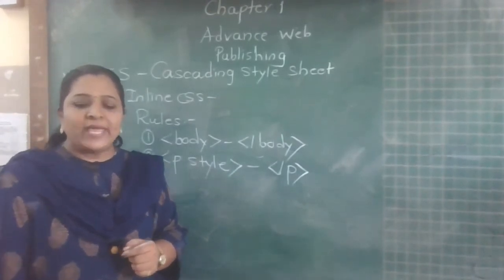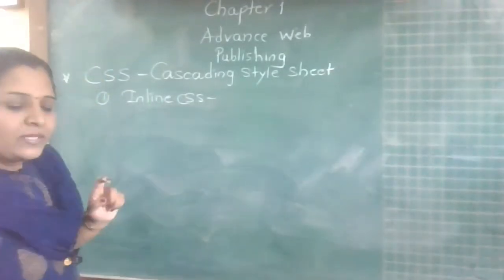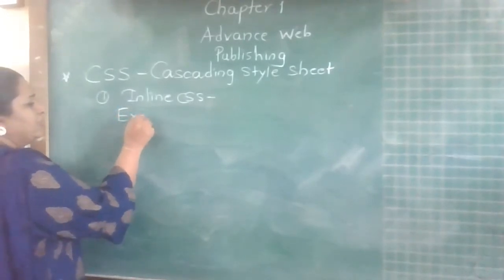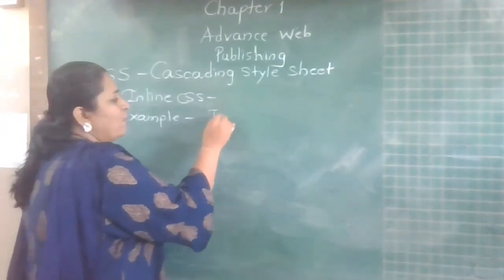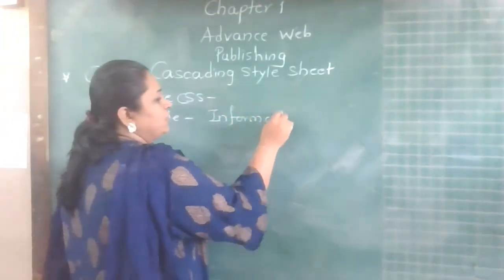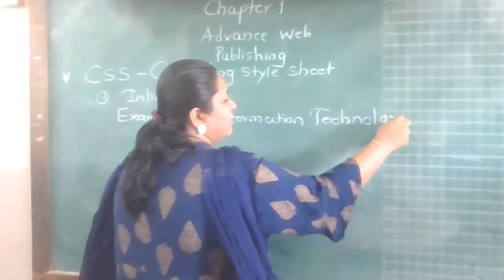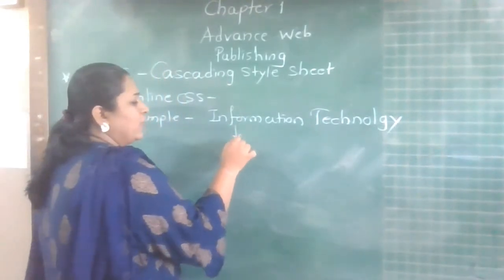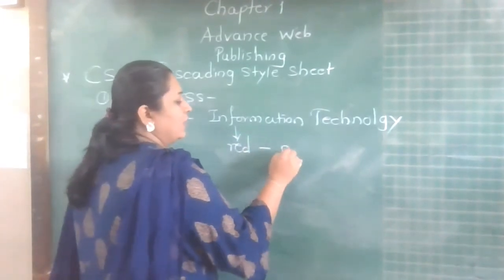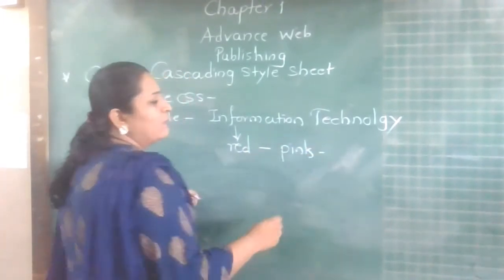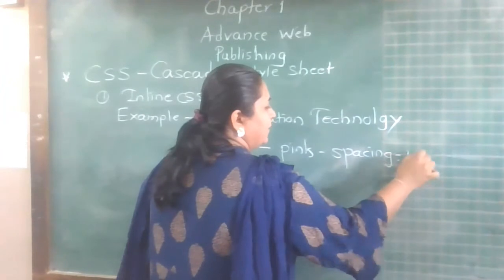Now let's move to the example of writing inline CSS. My question is: for the text information technology, I want to give the text color as red, the background color as pink, and the spacing between the letters, say 10 pixels.